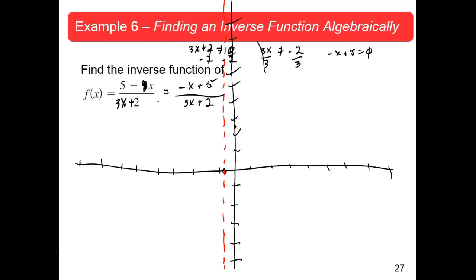You could subtract 5 from both sides. Negative x is equal to negative 5. Are you through? No. What would you do next? Divide or multiply by minus 1, and that gives you x equals 5.